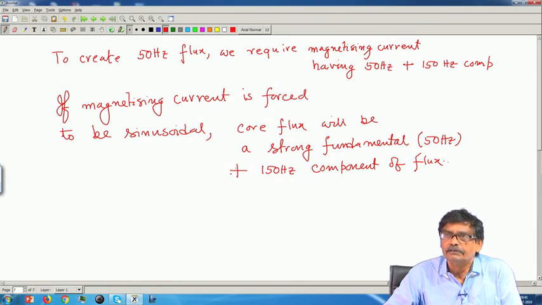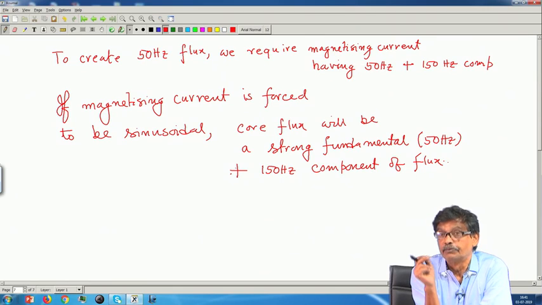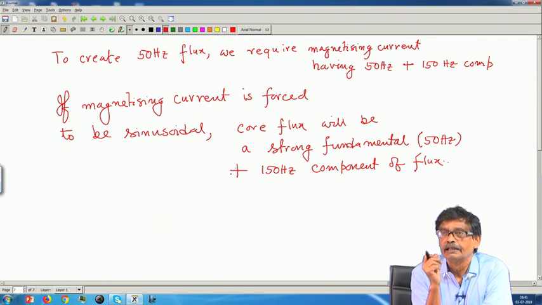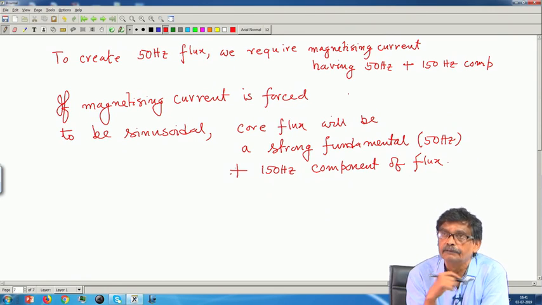It is because of the hysteresis loop present. So, if you want to create core flux of 50 hertz one frequency, sinusoidally varying, then the exciting current should have a 50 hertz component plus a 150 hertz component.